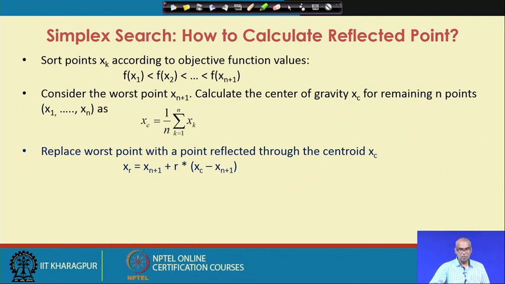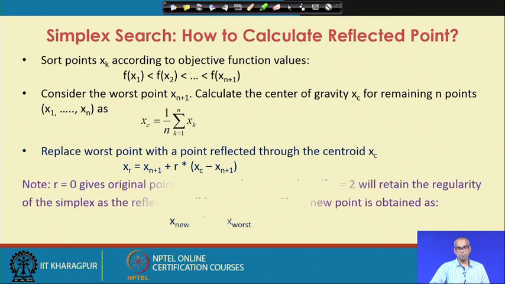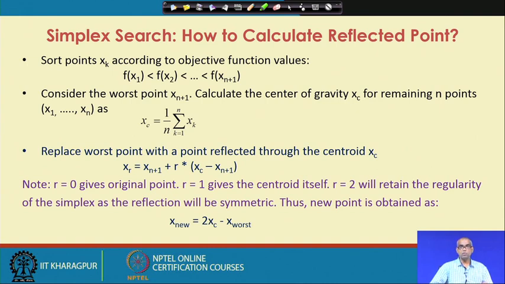Then you replace the worst point x n plus 1 with a point reflected through the centroid x c as x r equal to x n plus 1 plus r into x c minus x n plus 1. Note, in this equation, if r equal to 0, you get x r equal to x n plus 1. That means, you get the original point.